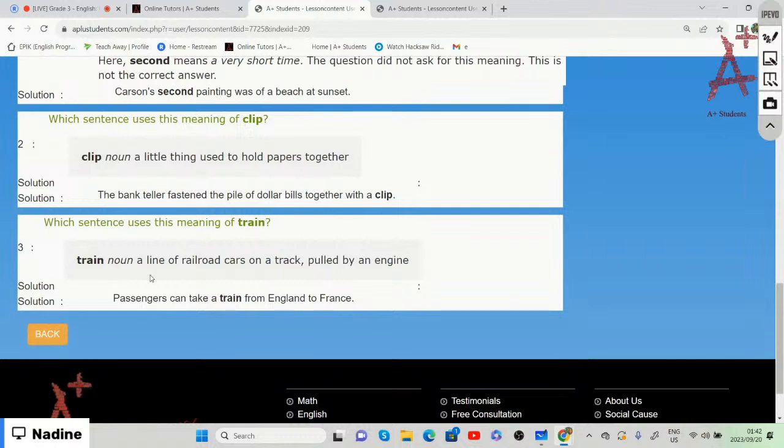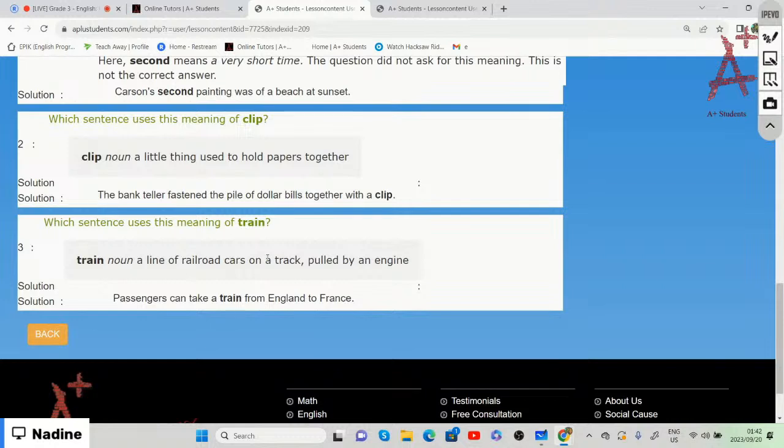Then train, it's a line of railroad cars on a track pulled by an engine. Train. It's a line of railway cars on a track pulled by an engine.